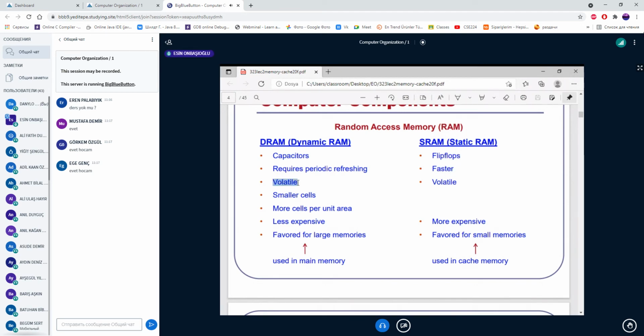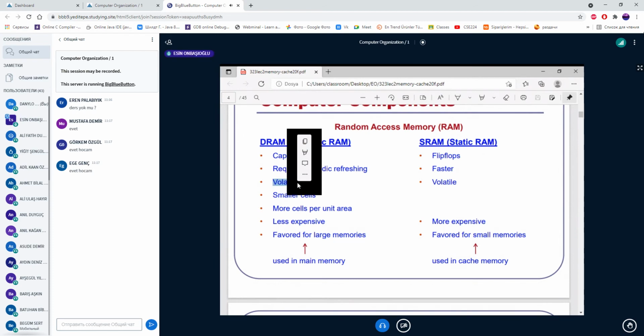What is volatile? Volatile means when you switch off the computer, the data in the cache and in RAM are lost. And when you switch on again, random numbers appear in the memory.